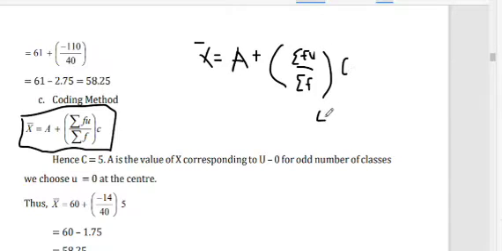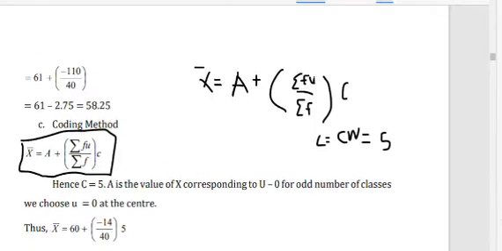C is the class width I talked about before. Class width, CW. And I said that the class width is what? 5.